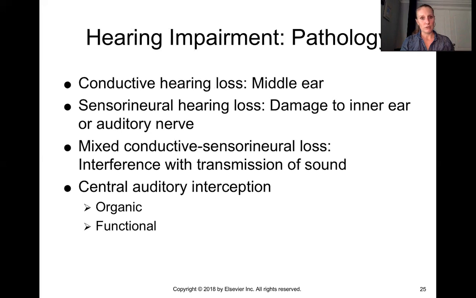And then functional is going to be where there's no lesion present. This has to do with conversion hysteria, infantile autism, and childhood schizophrenia. So again, it relates more to the function of what process they have going on in the background. That is brain related, but it's not lesion specific.